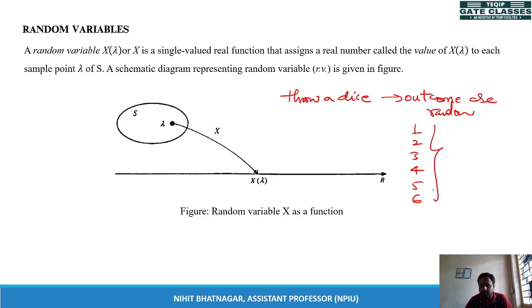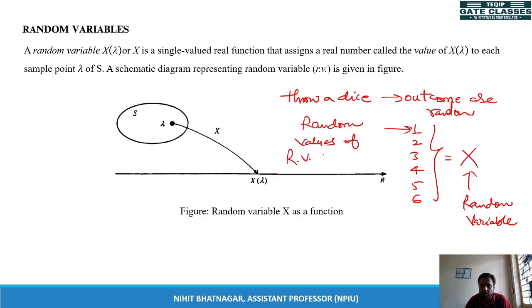We assign a variable that varies from 1 to 6. This experiment maps into a single variable x. This is called a random variable because its values are random in nature.